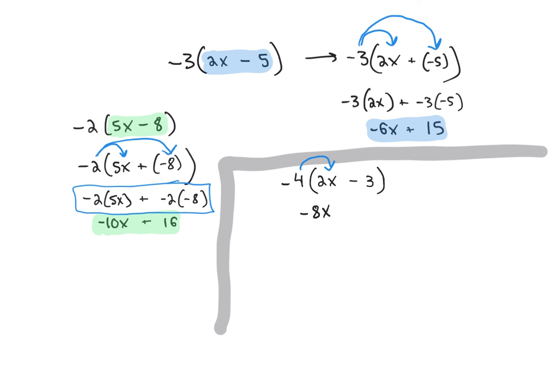And then I just have to remember that if I'm subtracting 3 here, this symbol actually represents a negative. So as I distribute that negative 4, I have to say the words, this is negative 4 times negative 3. And remember my rule that a negative times a negative is a positive. So that's going to give me a positive number, and that number is plus 12.